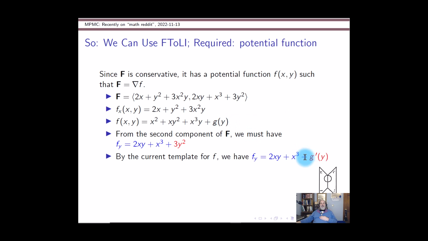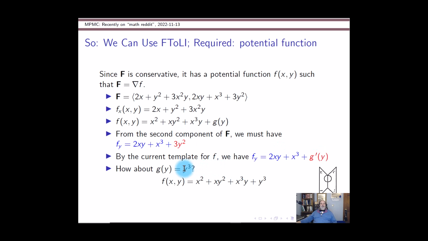Okay, but now we have two representations of what this derivative with respect to y needs to look like. It has to look like this version from the vector field itself. It has to look like this based on our building template of this function. And so this g prime has to be the thing that becomes the 3y squared. So what function's derivative becomes 3y squared? Well, y cubed.